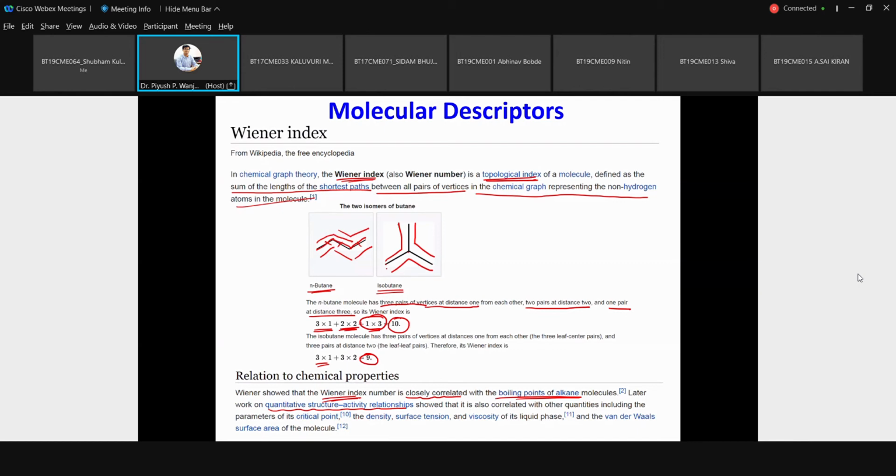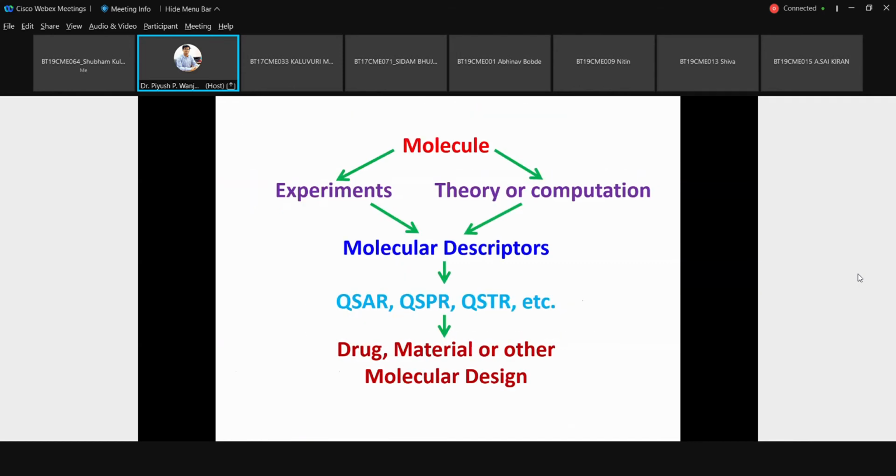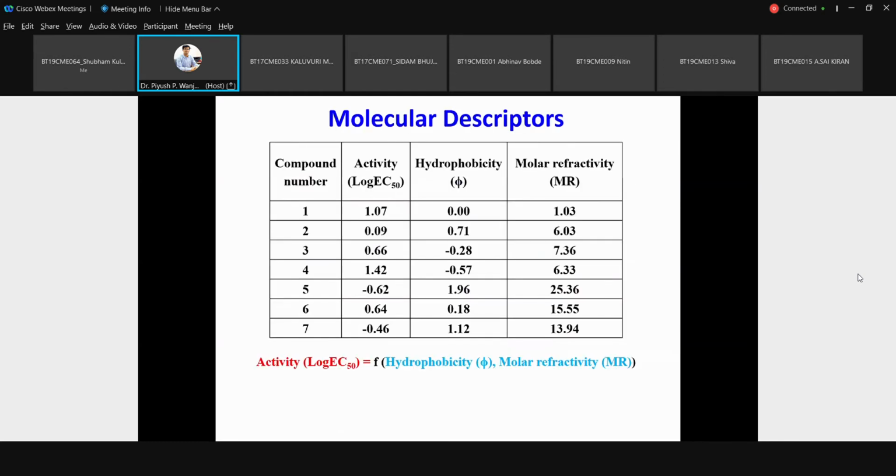So in the same way, many of the parameters can be evaluated and we can do our QSAR modeling. Okay. So this is one table that has been given to you, showing what you can do with this molecular descriptor. In methods like QSAR, you have the structure and you want to relate it to the activity.